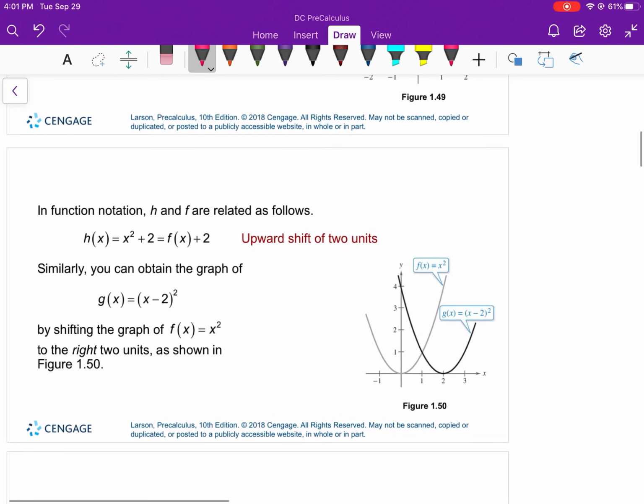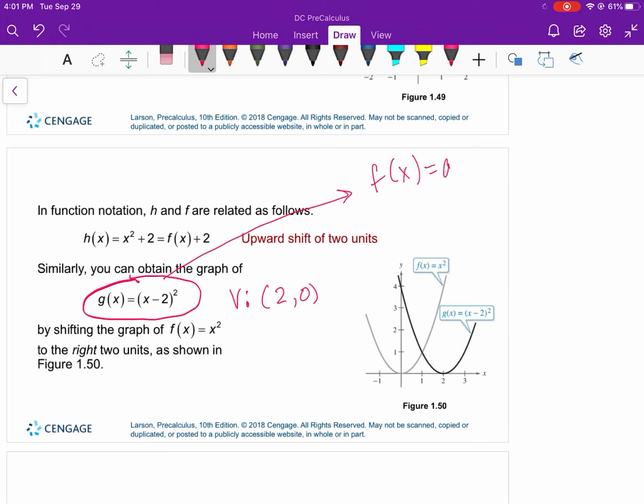If you want to move something left or right, then that has to take place within the function. So subtracting 2 on the inside is the same as having a parabola whose vertex is at 2, 0. If you equate that to vertex form, or standard form, your h and your k make up your vertex, and your h and k for our problem is 2, 0.